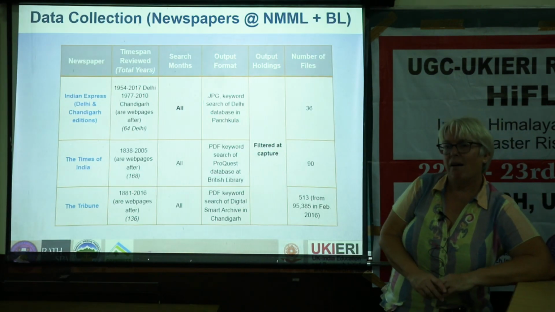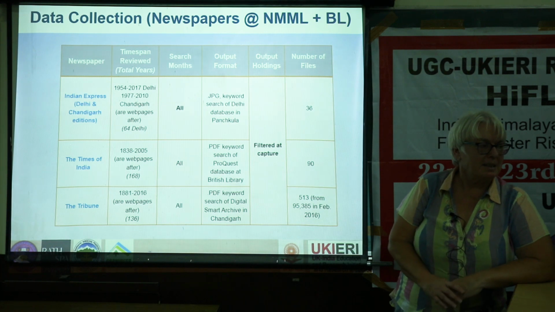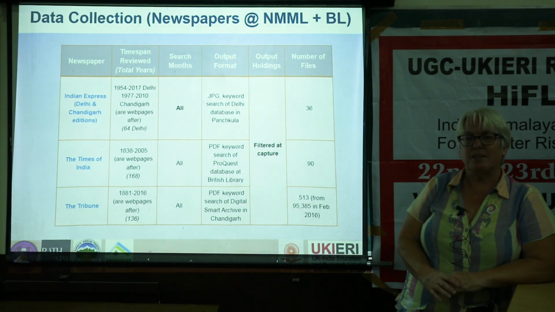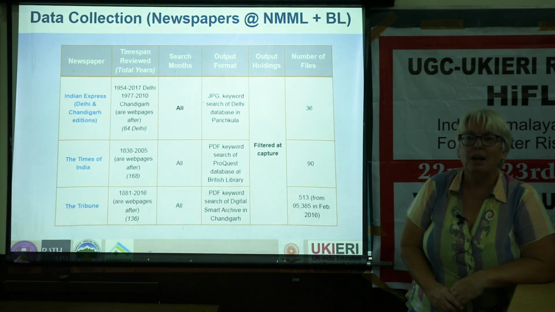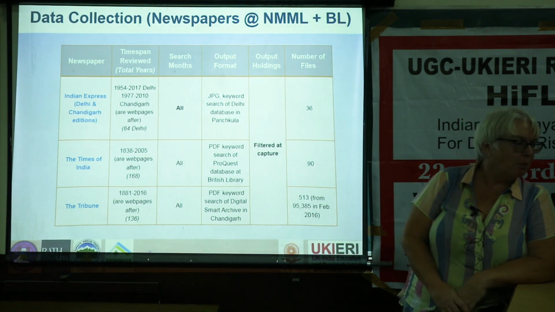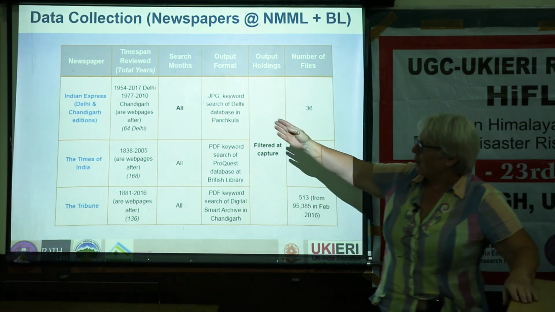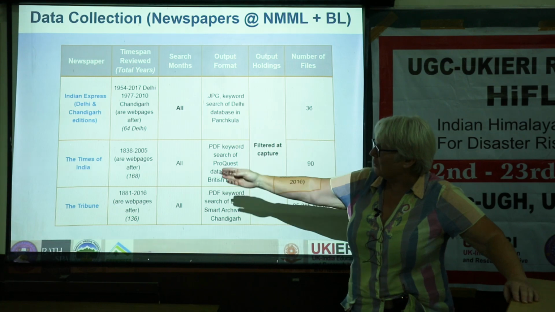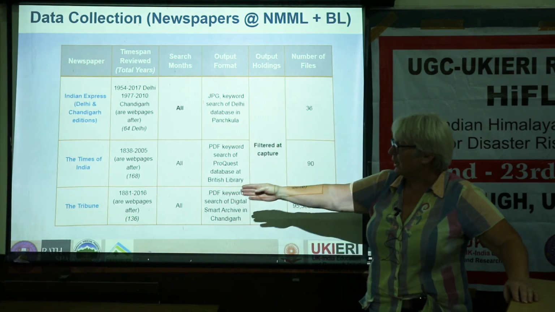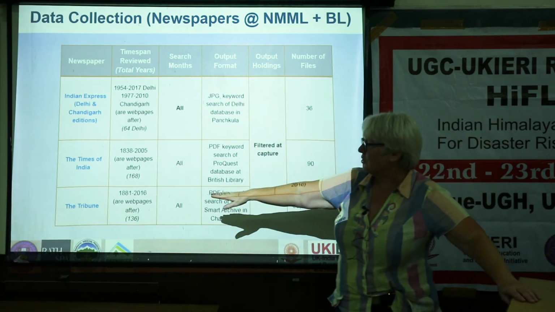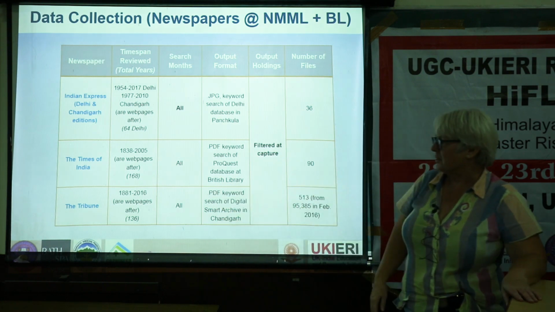Okay, so our data collection: newspapers at the Nehru Library and at the British Library. These are the papers that we've looked at here. We've also been to the Tribune offices.